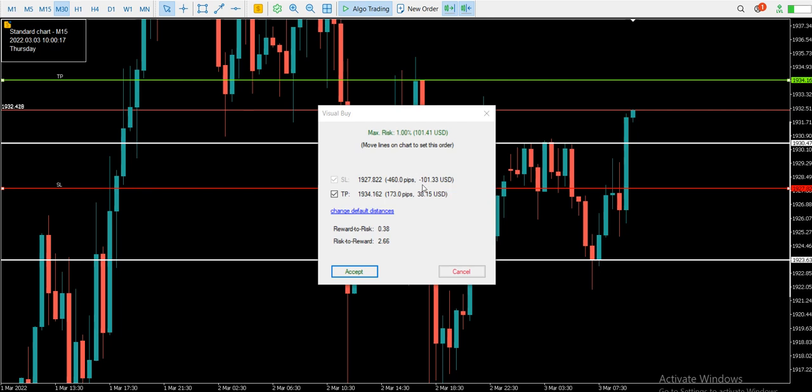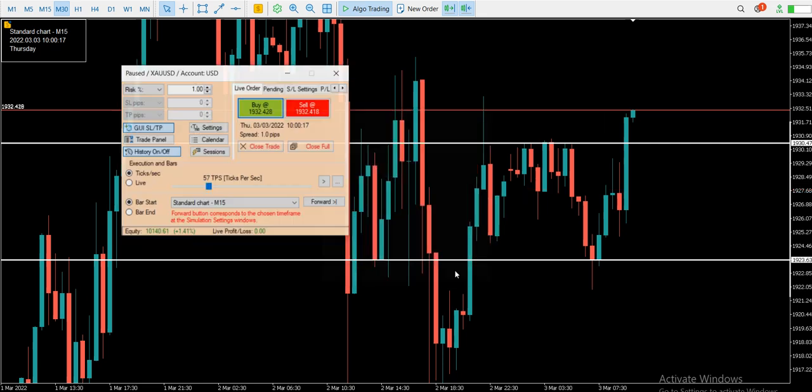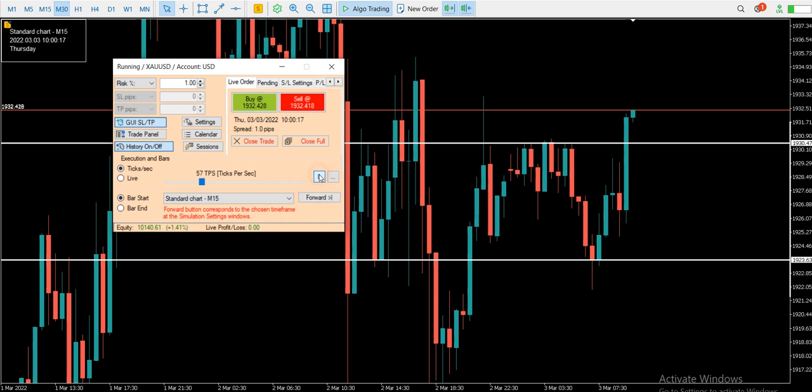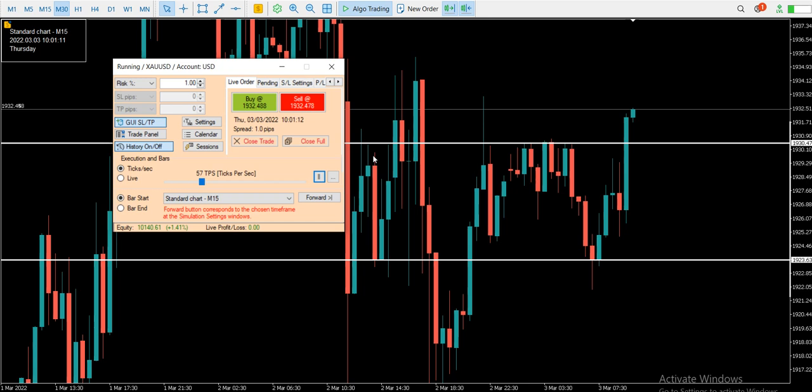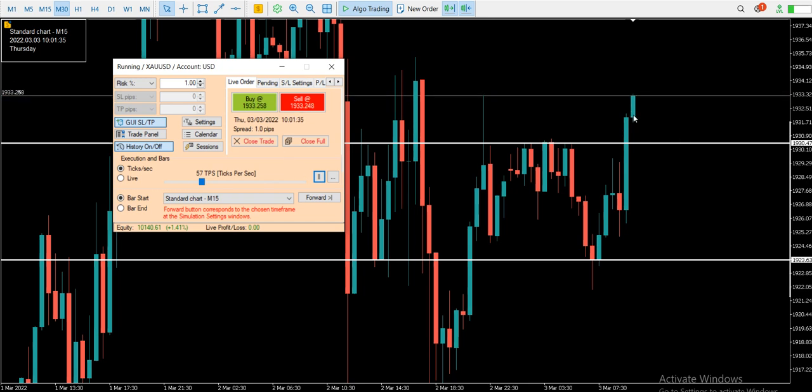No, this is not a good trade. The risk is $100 and the gain is just $38. This is not good. So I will just close it, and maybe if I get a small stop loss, that's when I would like to enter. Other than that, no entry.